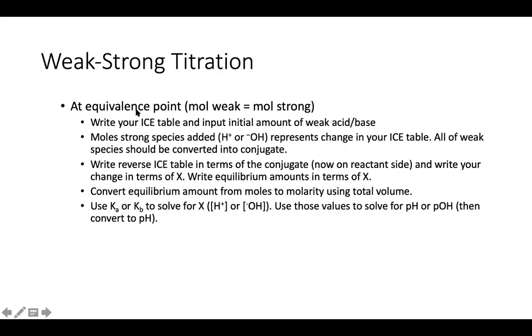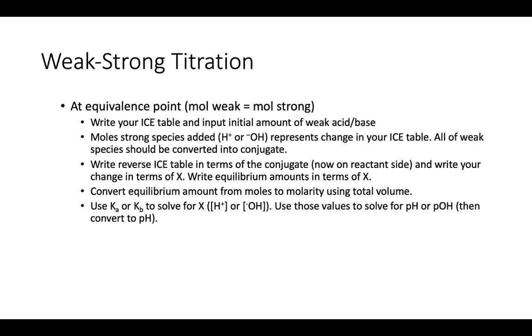Whenever you're at the equivalence point, all of your weak species, in this case all of our weak acid, will be converted into conjugate base. So at equilibrium, the amount of weak acid would be 0. It would have all been converted into product.